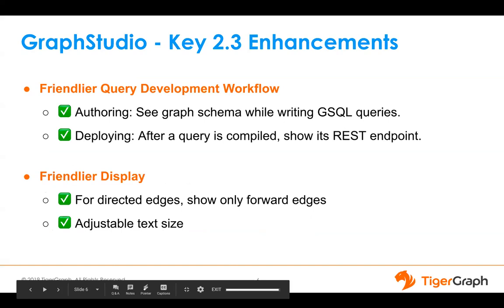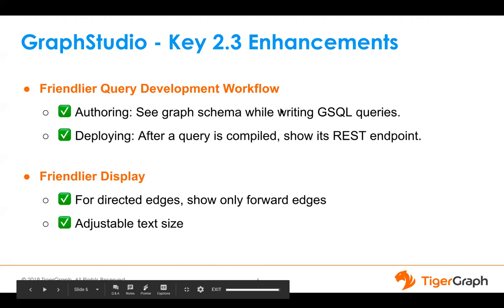So you can author your query in GraphStudio, test it out in GraphStudio, and then anytime you install a query, it has a REST endpoint. We now have a very convenient feature for you to copy and paste that REST endpoint. And there are also some improvements to how we display information. So I'll show those to you at the same time.